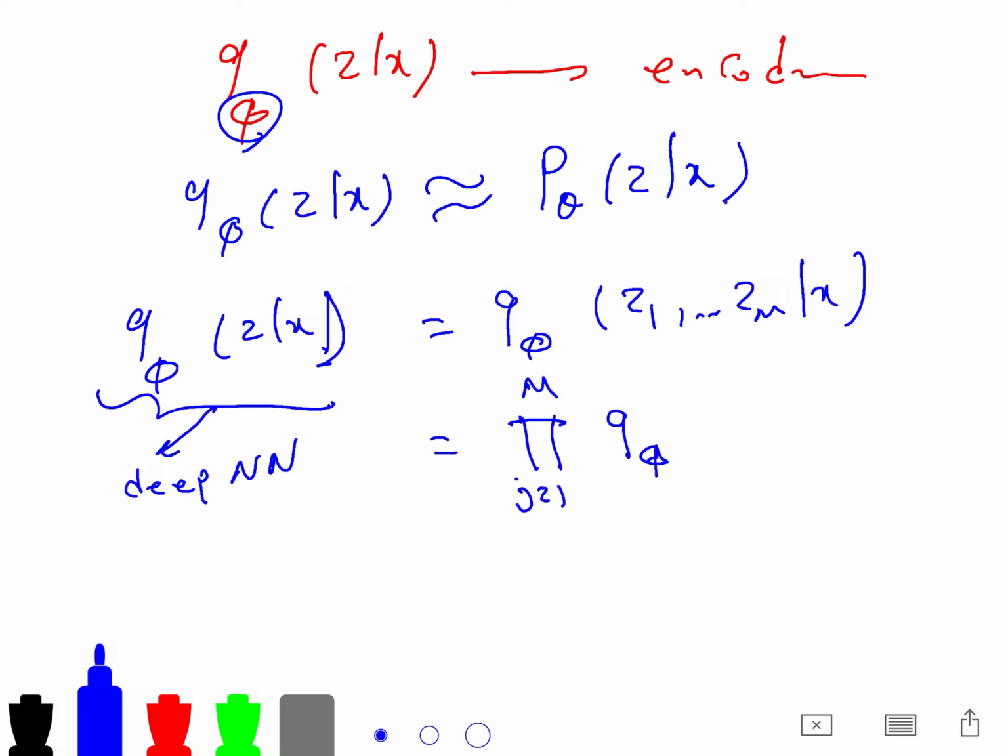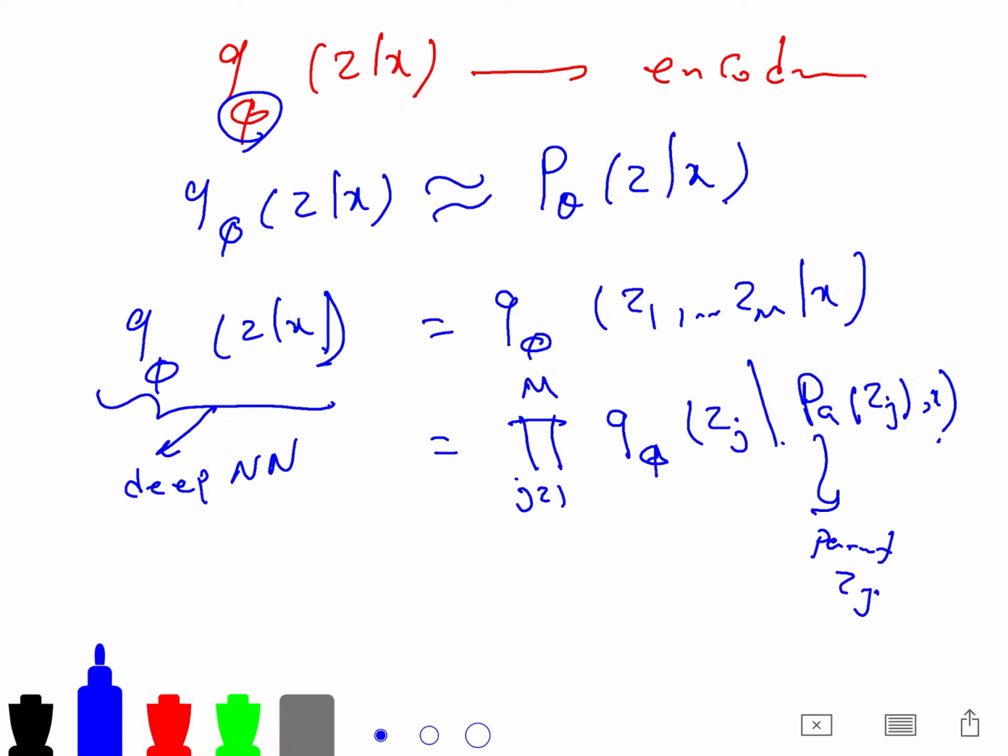By the way, this factorization, although it becomes very fast, the algorithm is very fast, but you lose accuracy. So that's why Markov chain Monte Carlo is much more accurate than these variational approaches, given the parents of zj and x. So these are the parents of zj.